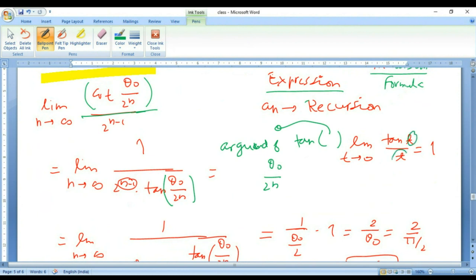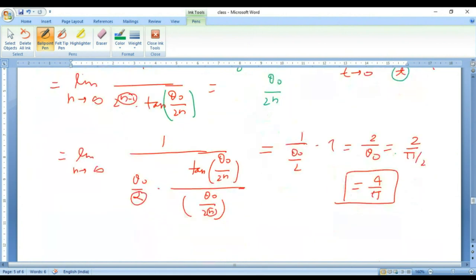We want a t here so that together they give you 1: tan t over t equals 1. So I adjusted that and got 1 over theta naught over 2, times tan of theta naught over 2 to the power n, whole upon theta naught over 2 to the power n. That happens to be 1 upon theta naught upon 2 times 1. This 1 comes because this limit became 1 over 1, that is still 1.